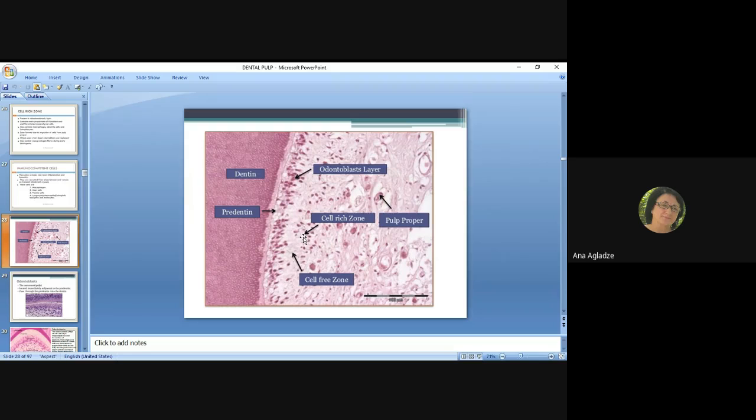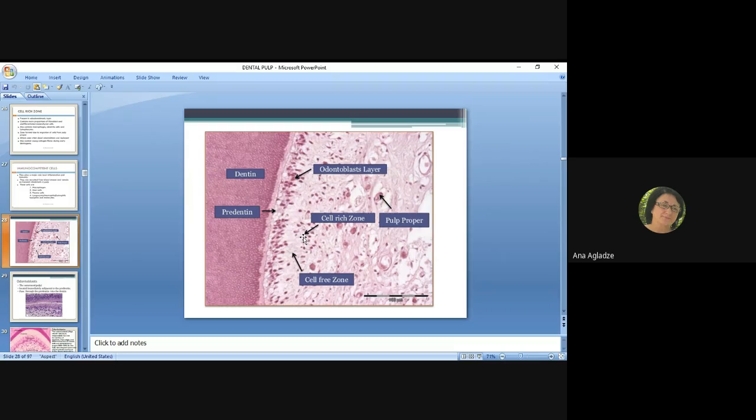Odontoblasts are responsible for the formation of dentin. We mentioned they differentiate from pulpal cells, from mesenchymal cells. And in the fully developed tooth, the odontoblasts continue to lay down secondary dentin. They produce dentin throughout life, and this is the physiologic secondary dentin.